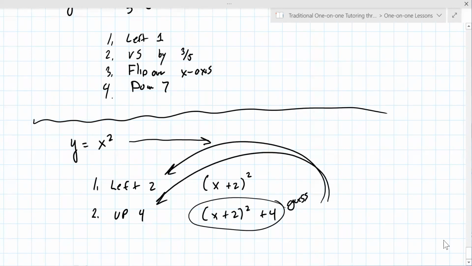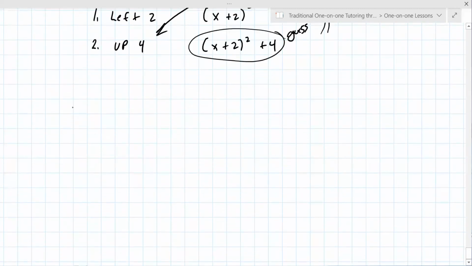Okay. So let's try another one here. Let's say I tell you that your parent function is y equals the square root of x, and we want it to go right 5 and down 3.